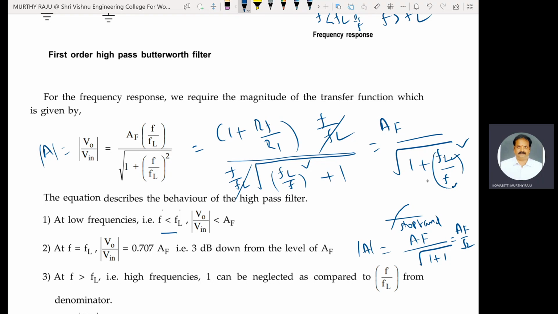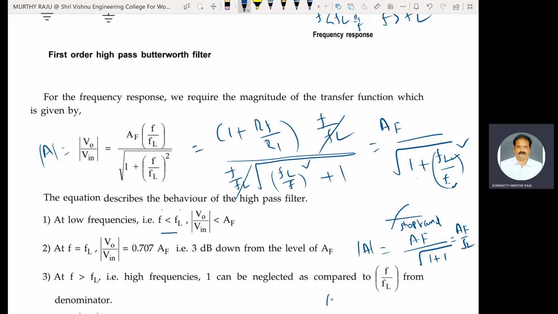At F greater than FL, this quantity is neglected because of the square term. Suppose FL is 1 Hz, F is 4 Hz, 1 by 4 is 0.25. 0.25 whole square is a low value compared to 1, that value is very low. Therefore, gain mod A is approximately equal to AF.